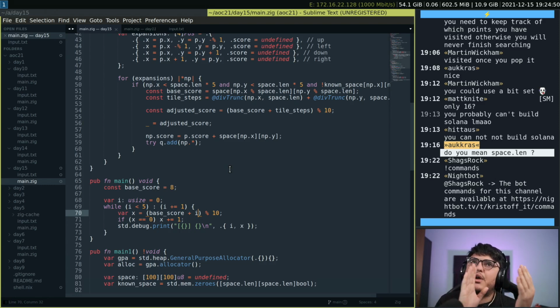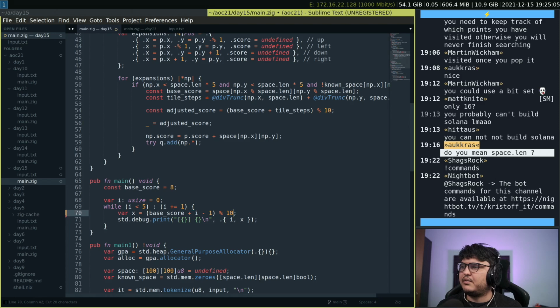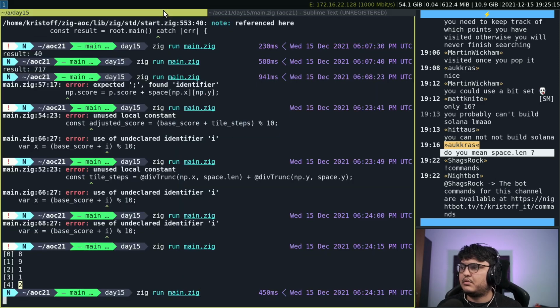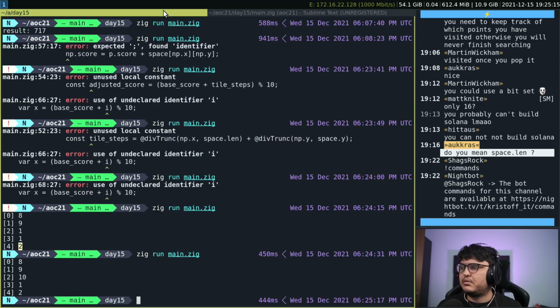Okay, I think I know. I want the modulo to work normally. It's just that I need to offset by 1. So I can do maybe -1 here and +1 outside. Almost?